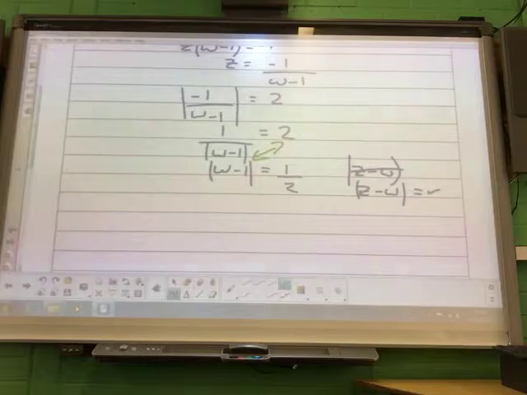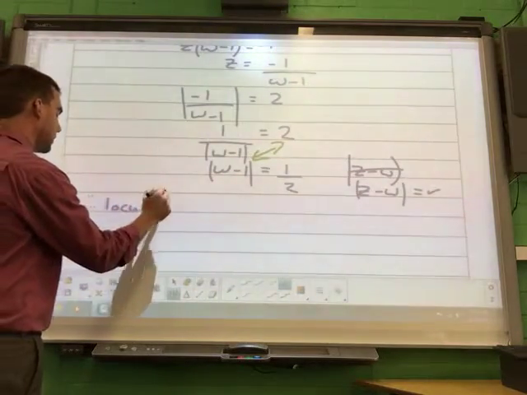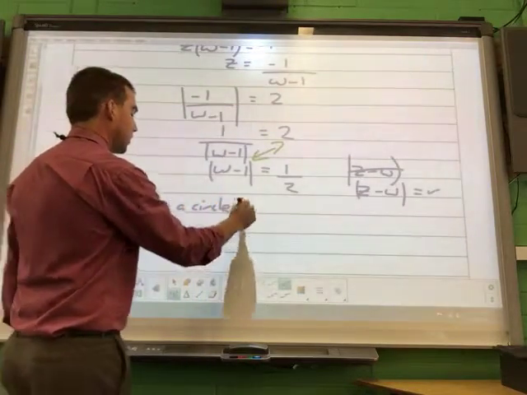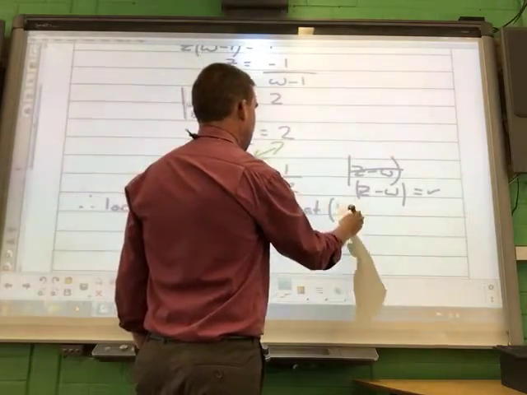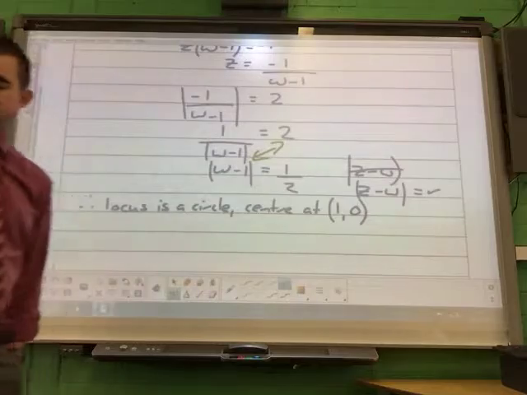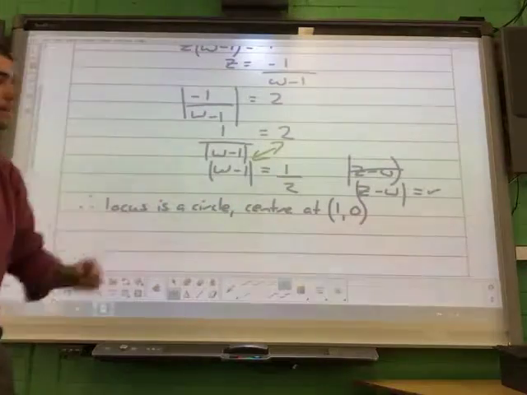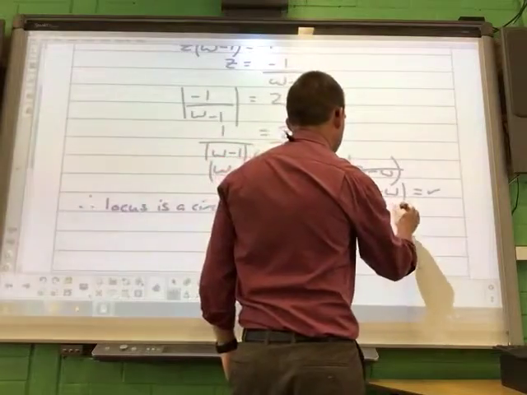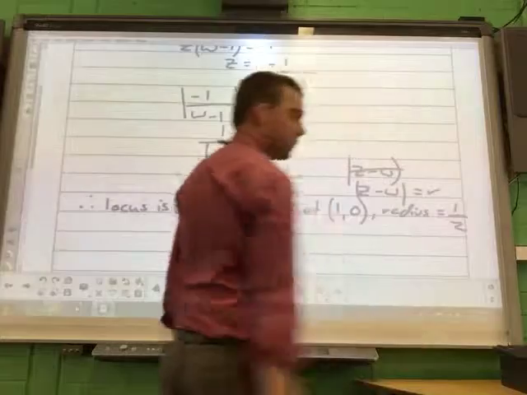That was the rule that we looked at last lesson. So the locus is a circle, centre at 1, 0. The centre is just the real part, 1, and the radius is a half.